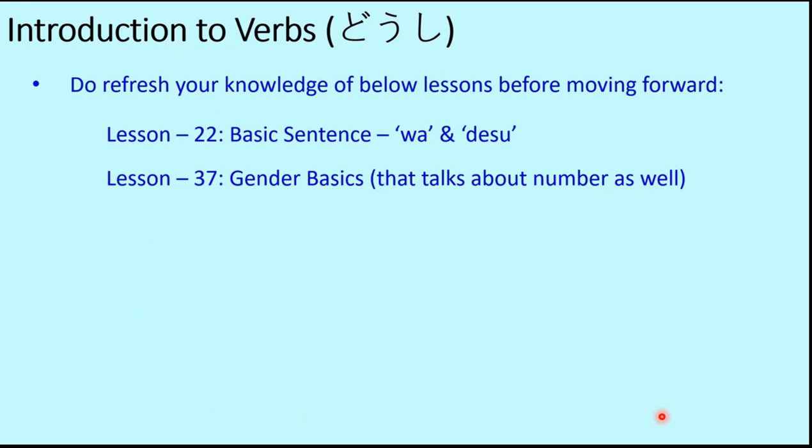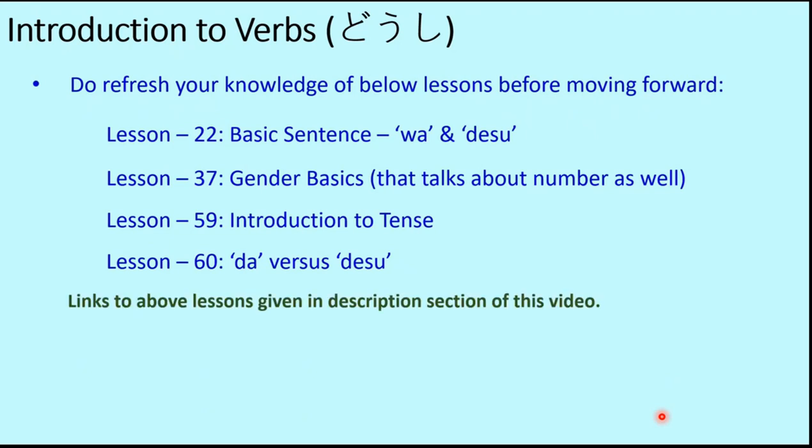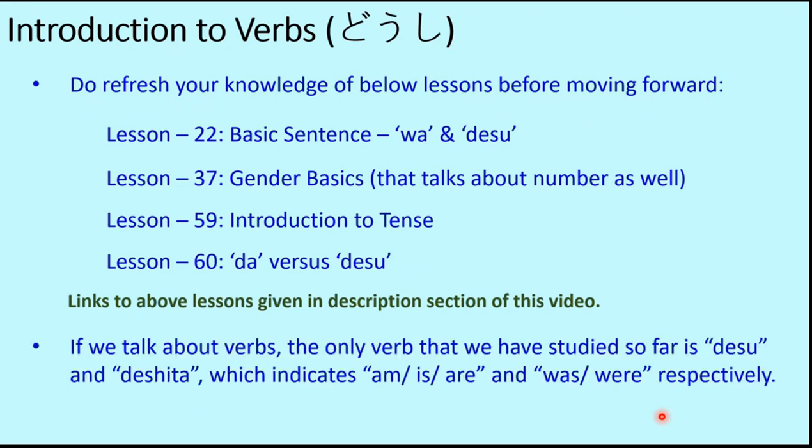Lesson 37 was related to gender basics, and talked about number, that is singularity and plurality as well. Lesson 59, in which we introduced the tense, and lesson 60, in which we discussed the difference between wa and desu. Links to all these lessons have been given in the description section of this video.